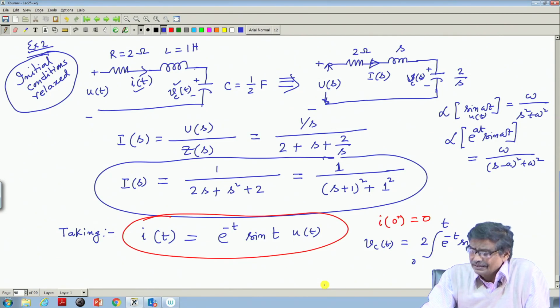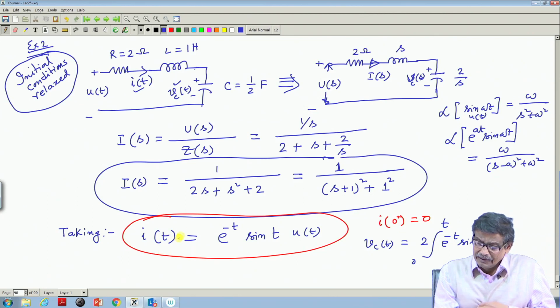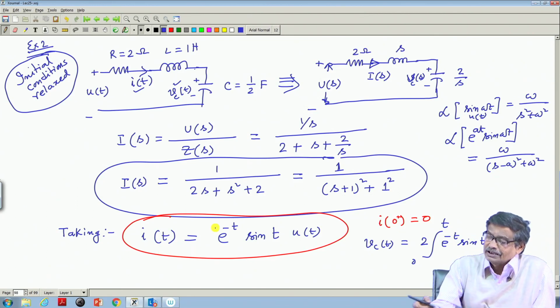This integration is done by parts, or there is a standard formula for the integral of e to the power ax sin bx dx, which is e to the power ax by root over a square plus b square times sin of bx minus tan inverse b by a. That way you can get it, but nonetheless let us still apply the Laplace transform to get this V_C(s).